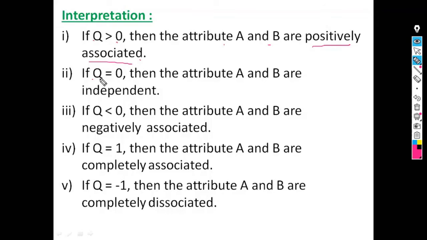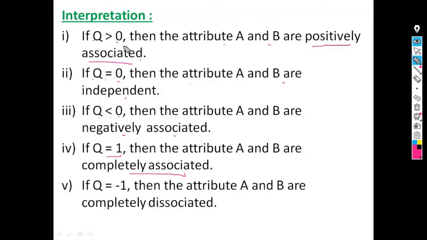If the answer Q of AB is exactly equal to 0, then the attributes A and B are said to be independent. If Q of AB is less than 0, then we can interpret that the attributes A and B are negatively associated. If the value of Q of AB is exactly equal to 1, then the attributes A and B are said to be completely associated.